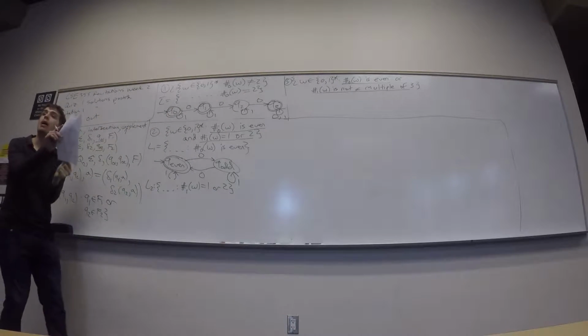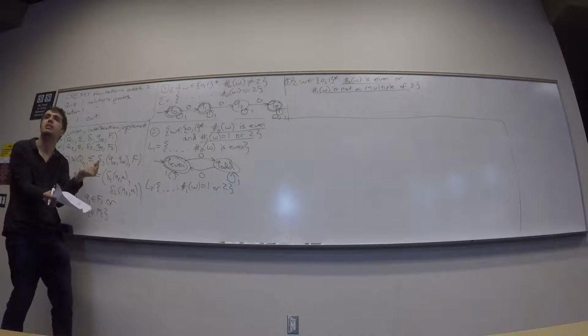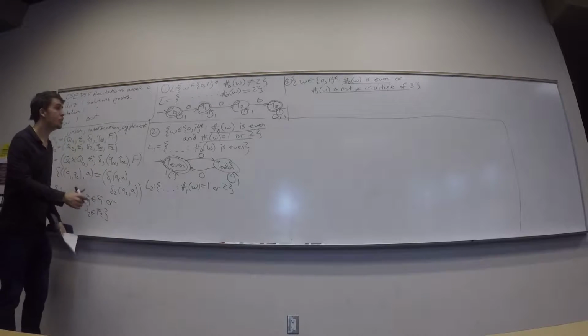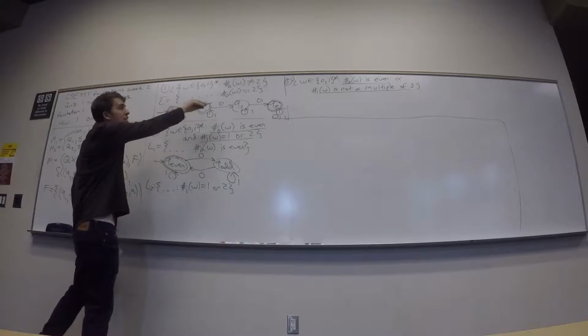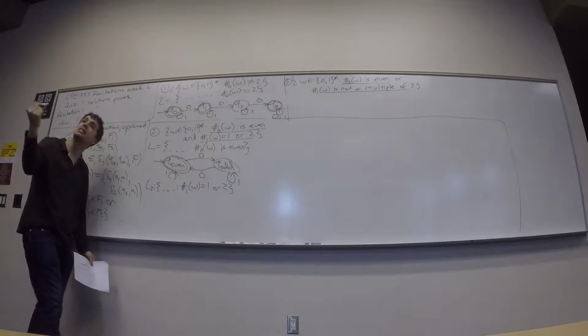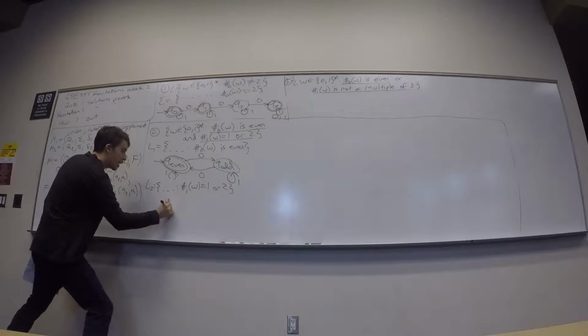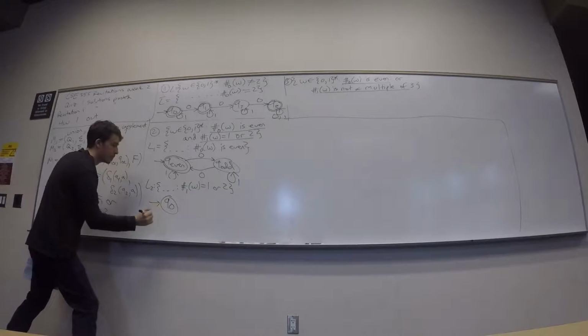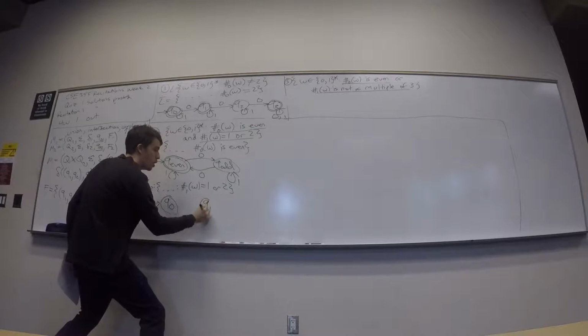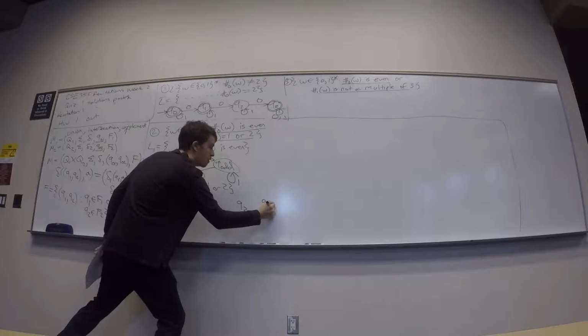Okay, I can swap between zeros and ones. I can switch the role. So instead of having zeros go across the states, I can have ones go across the states and zeros be the self loops now. So again, I'm going to have 4 states: Q0, Q1, Q2, Q3.